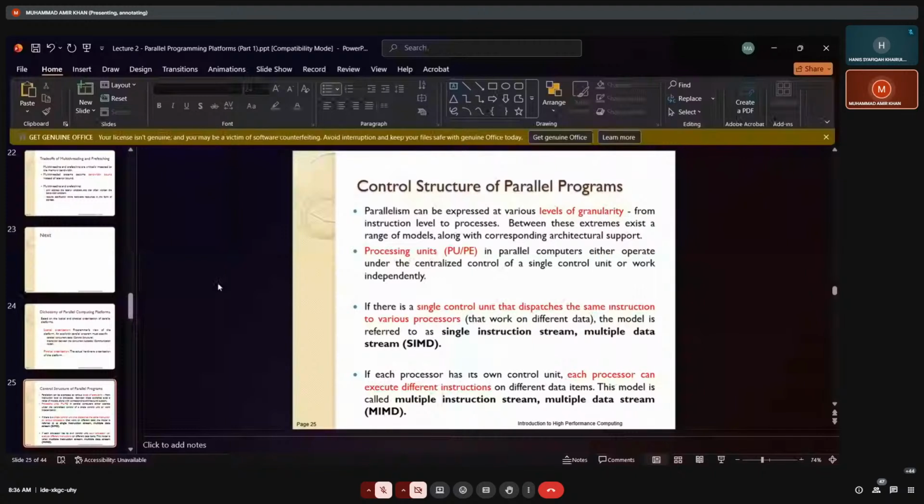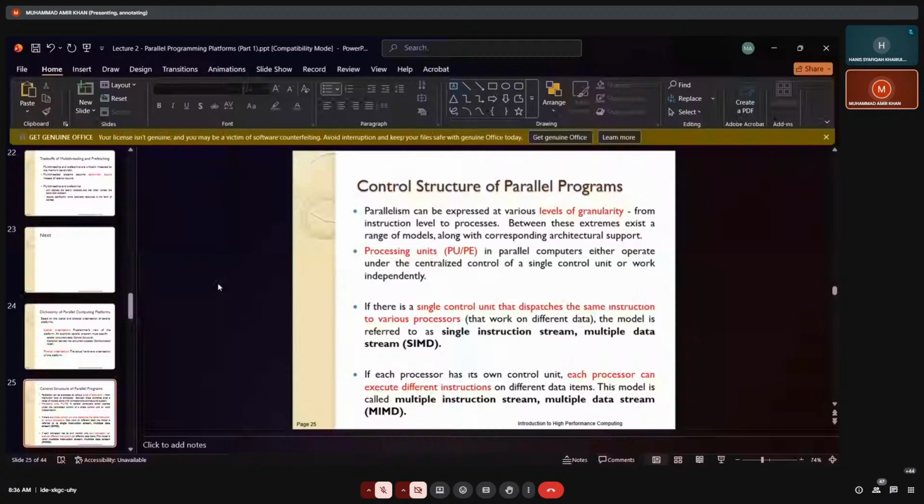Again, if we have only one single control unit that issues the same instruction to various processors that work on different data, that model we call SIMD, single instruction stream, multiple data stream.